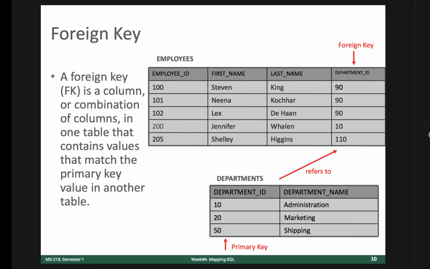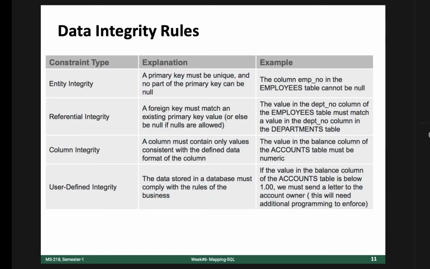Okay, then column integrity deals with the data type of the value. So if I'm going to store age and it must be a number, then I cannot enter some categorical value for age. I cannot say 23 in English words, right?